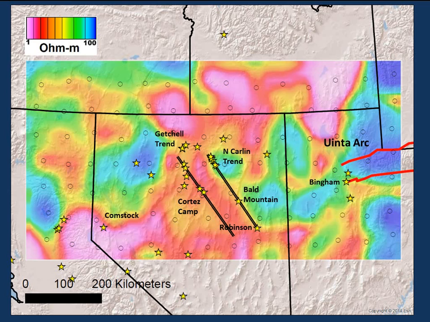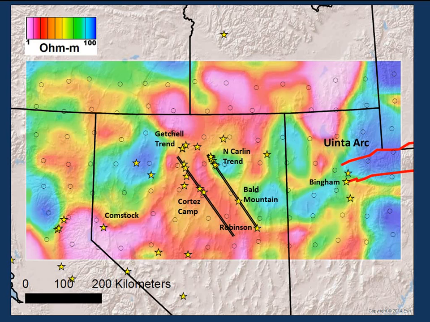And also there is the arc and the Bingham, Comstock found here. The main feature which we find here is, first, there is this conductive feature which has the same alignment as these trends, and also the mines, the discoveries, most of them are found on the edges between conductive and resistive boundaries within the crust.